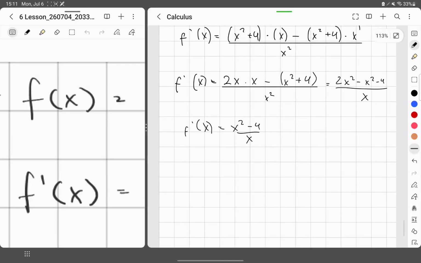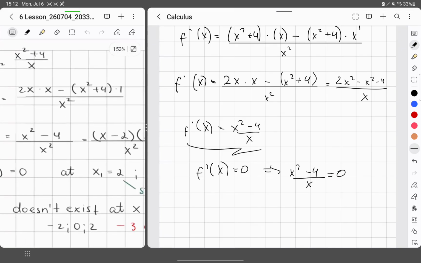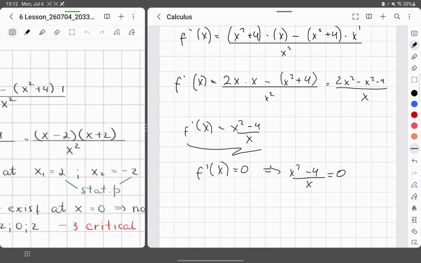Okay, and now in order to find the stationary points and critical points, we need to make f'(x) equal to 0. So we will do the same thing: (x squared minus 4) over x squared equals 0. Is my solution true? Yeah, that's true.